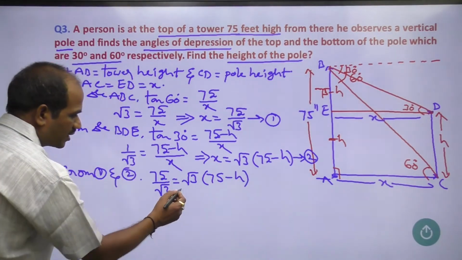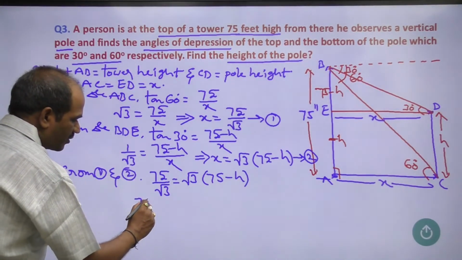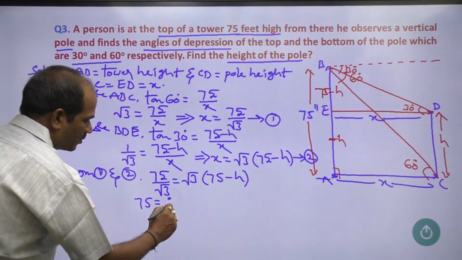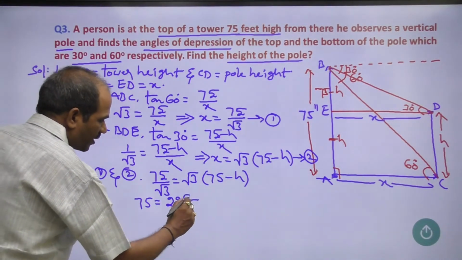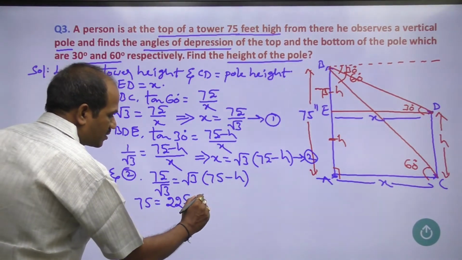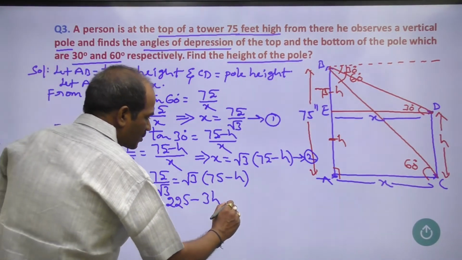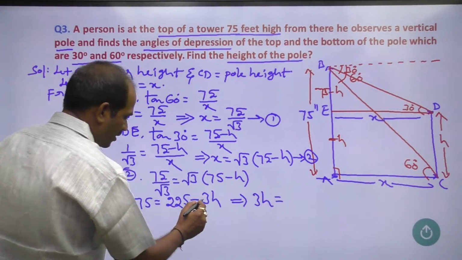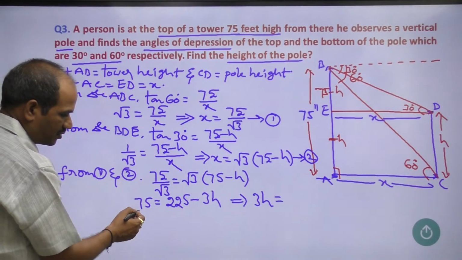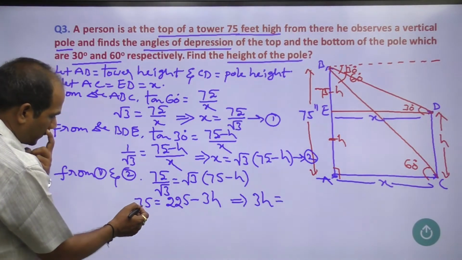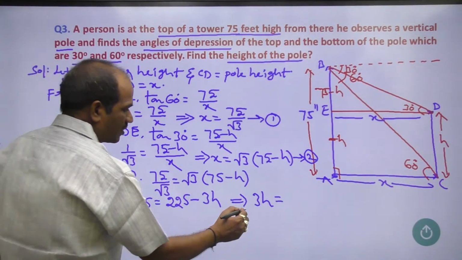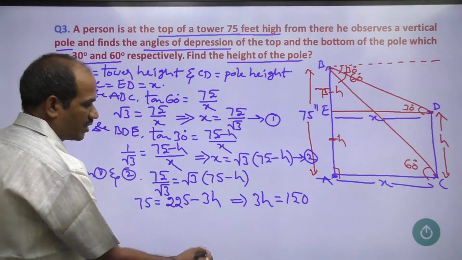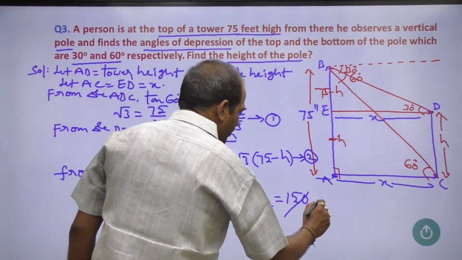Cross multiply: 75 is equal to root 3 into root 3, which is 3, into 75 minus h. So 3 into 75 is 225 minus 3h. Taking this side, 3h is equal to 225 minus 75, that is 150. Here 3 gets cancelled.